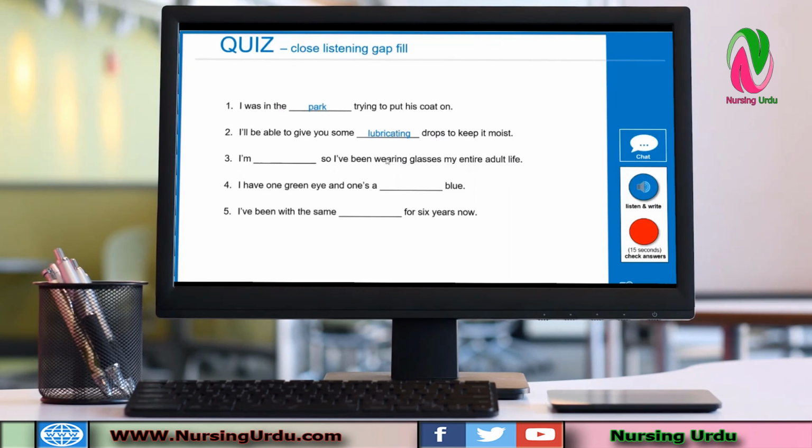I'm nearsighted. I have one green eye and one's a what kind of blue? A grayish blue. If you wrote it with an A, that's also fine. I've been with the same what for 6 years now? Optometrist. Good. Well done, guys.